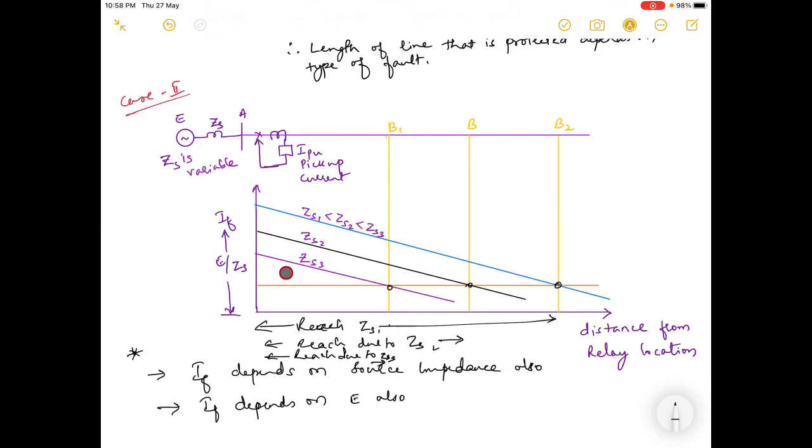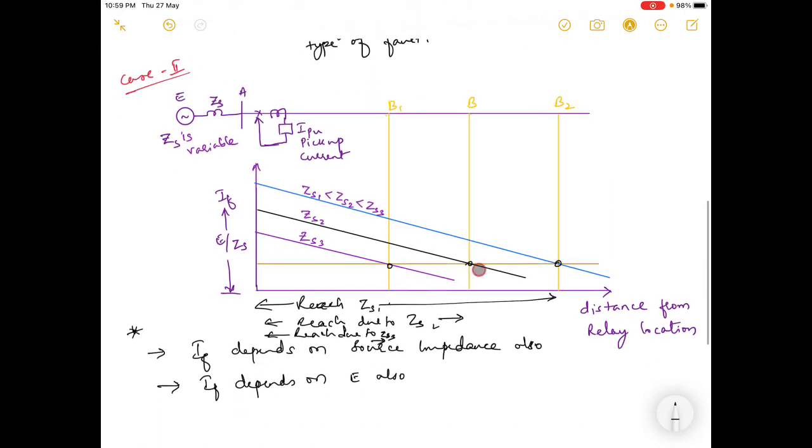And we see one more thing: IF depends on E also. It depends on the type of fault; we have already seen that in the first case. Now in the second case we are seeing that it also depends on source impedance. If it is variable, the reach of the relay is also varying because ZS is varying, and it also depends on E. If E is varying, then the reach is also varying.